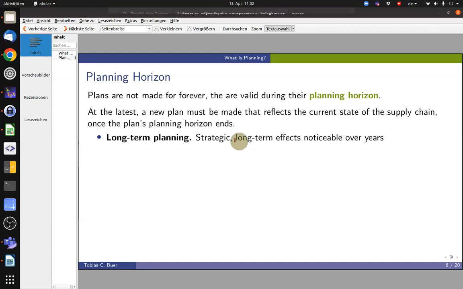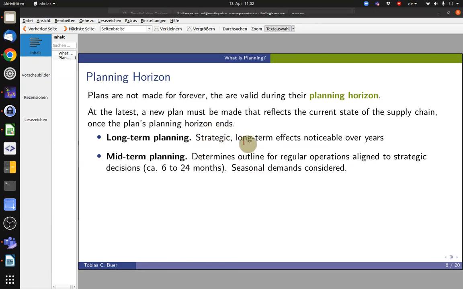And the important thing is that on the strategic level, we can change the capacities and the structures of our supply chain. So we can involve more partners in our supply chain. We can open or close different factories. These are things that can happen on the strategic long-term level. We have a mid-range level.